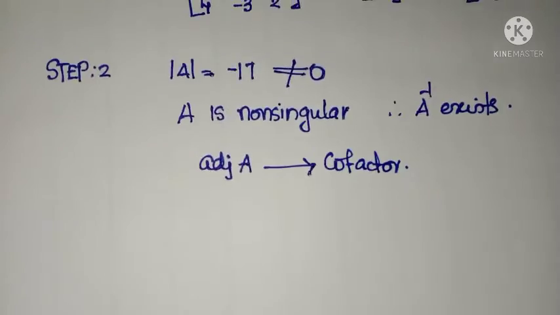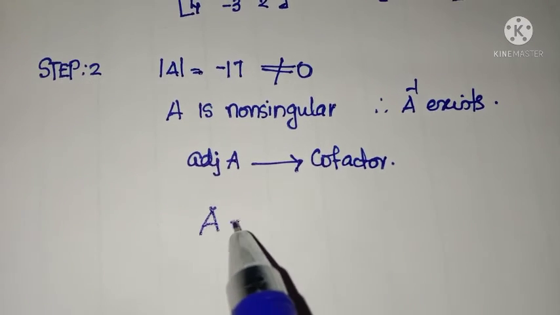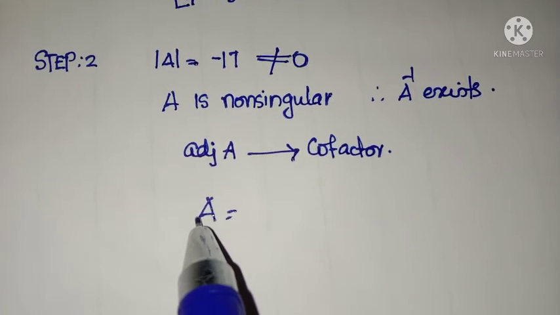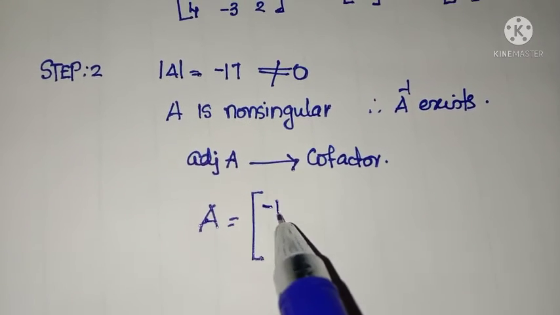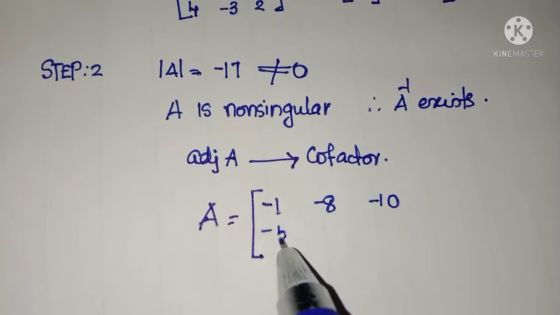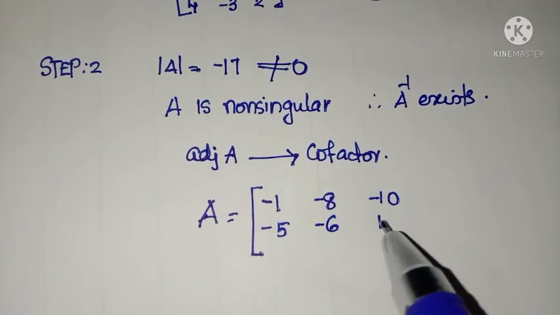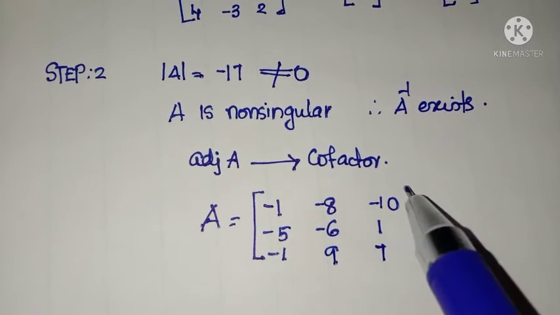Let's see, the cofactor matrix is capital A. Don't be confused, this is the cofactor matrix: minus 1, minus 8, minus 10, minus 5, minus 6, 1, minus 1, 9, 7.